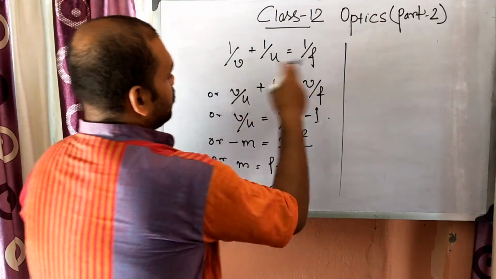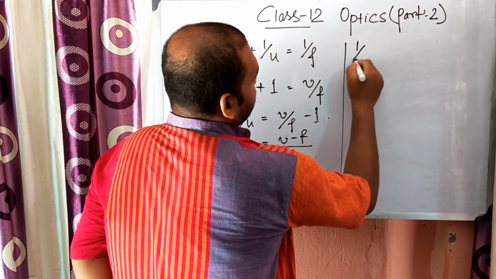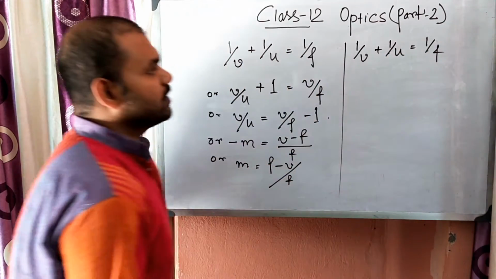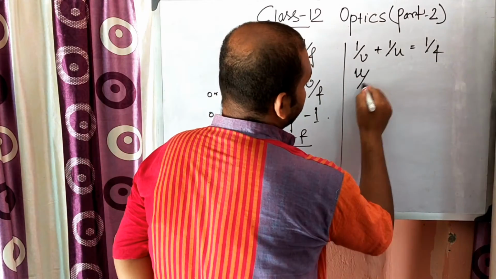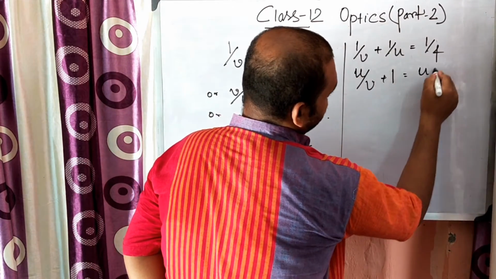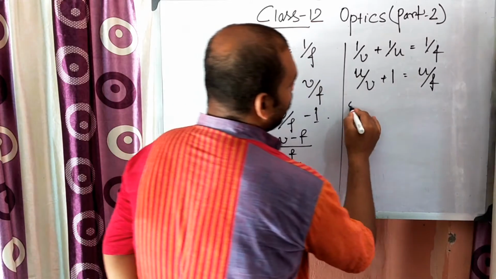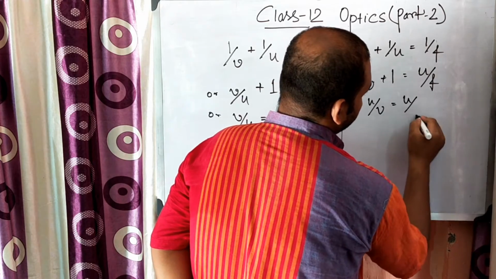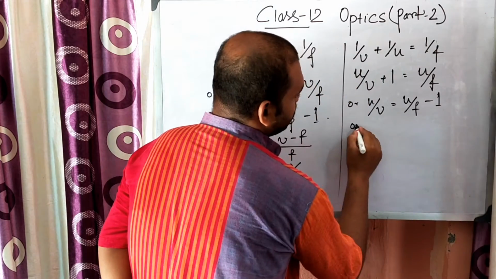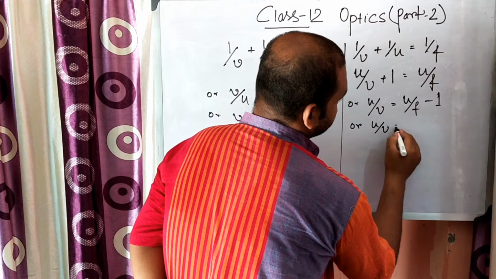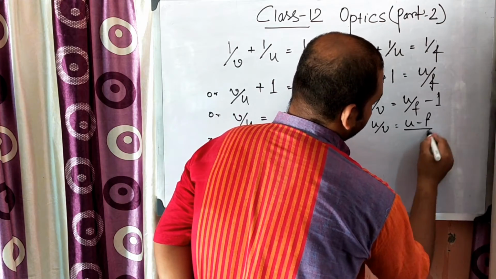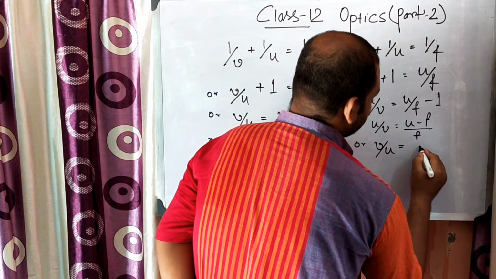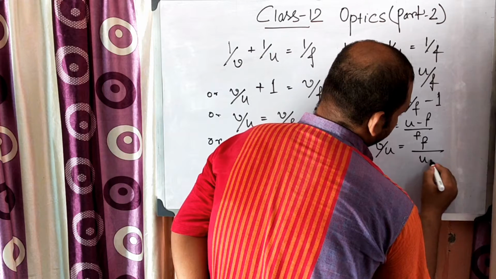Or you can do it the opposite way also. How? Again write 1 by v plus 1 by u is equal to 1 by f. Now multiply both sides with u. So u by v plus 1 is equal to u by f. You can write u by v is equal to u by f minus 1, or u by v is equal to u minus f by f, or v by u is equal to f by u minus f.